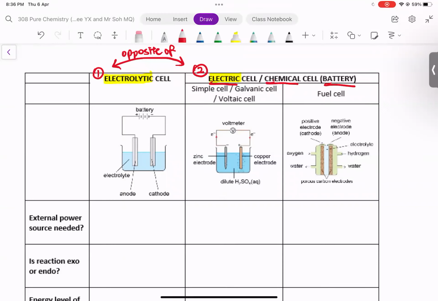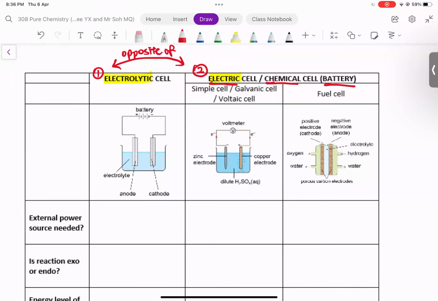Fuel cells that we learn under energy changes can also be considered electric cells. Are they all the same thing? Well, the answer is in one short sentence. Yes, they operate on the same principle. What it means is that simple cells, galvanic cells, voltaic cells, fuel cells, they operate on the same concept. They operate on the same type of reaction.